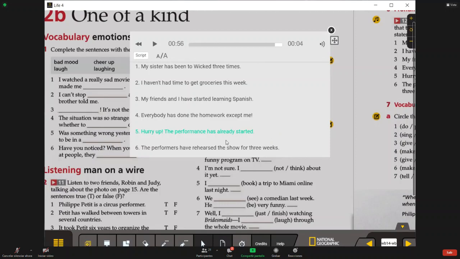And we didn't check the last one. The performers, so the people, have rehearsed the show for 3 weeks. Any question about these sentences? No, miss. No? Are all of them perfectly clear?